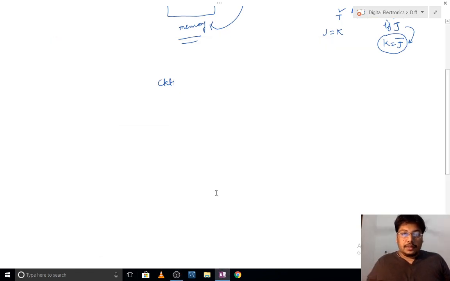The circuit will be similar to JK, just one change: J is there and K equals J bar. So let me create it. This is my Qn and this is my input, and the output will also be at this point, that is Qn plus 1.